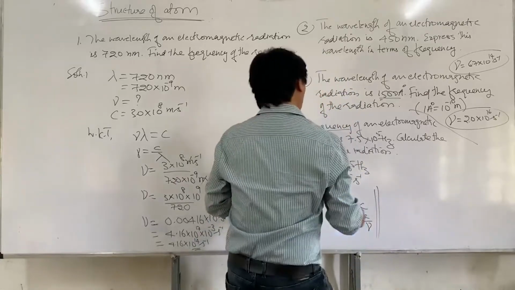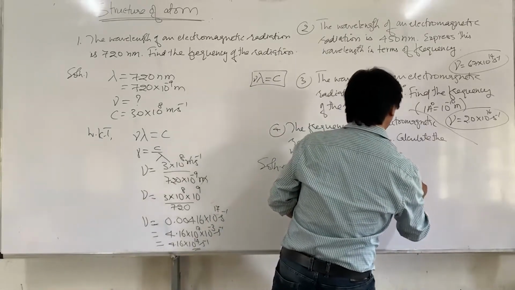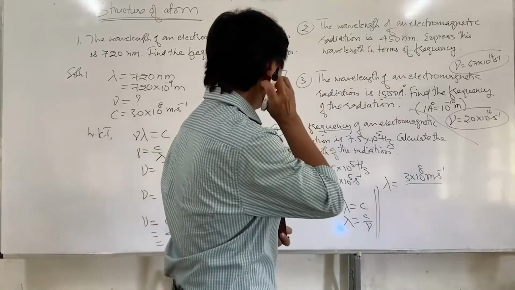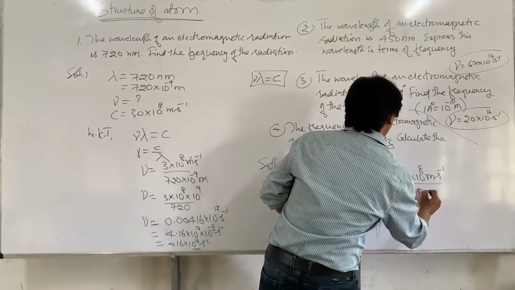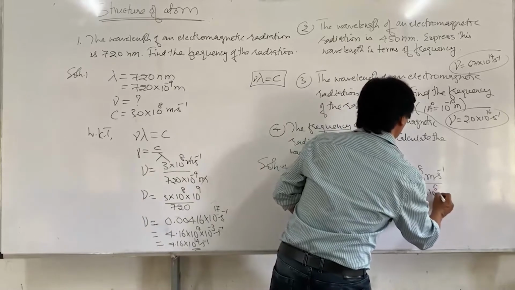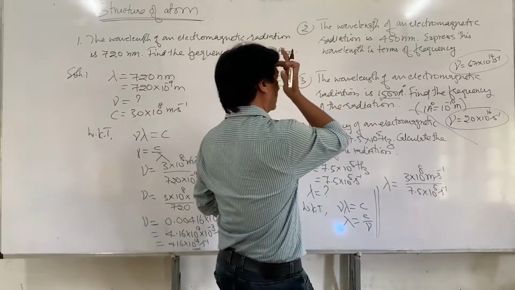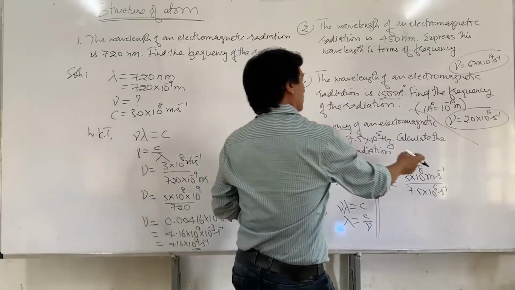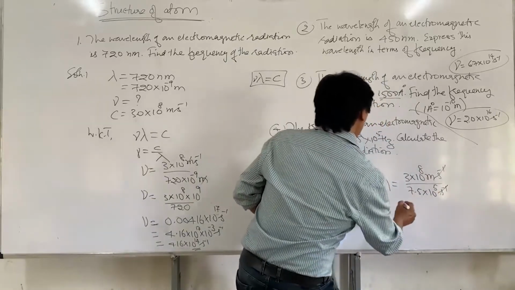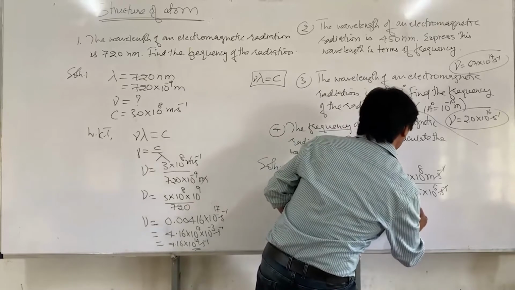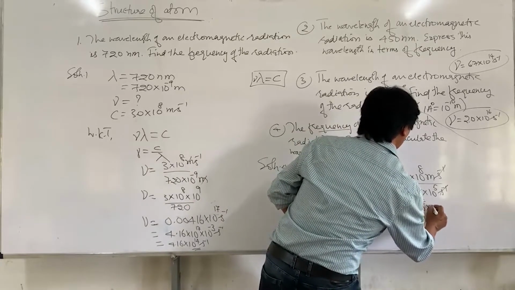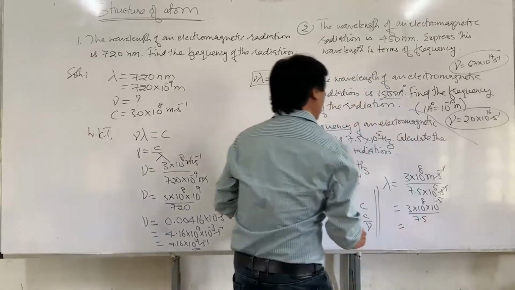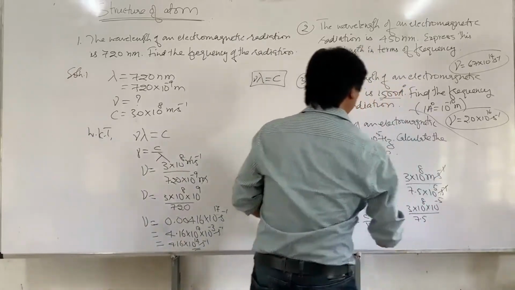So lambda is equal to C, 3 into 10 to the power 8 meters per second, divided by the frequency, 7.5 into 10 raised to the power 5 per sec. Now this per second will get cancelled, because when you take this on top, it will become second raised to the power 1. This is raised to the power minus 1, so these two will get cancelled. And the final answer here is going to be 3 into 10 raised to the power 8 into 10 raised to the power minus 5 here, the whole divided by 7.5. So finally, this will be 10 raised to the power 8.